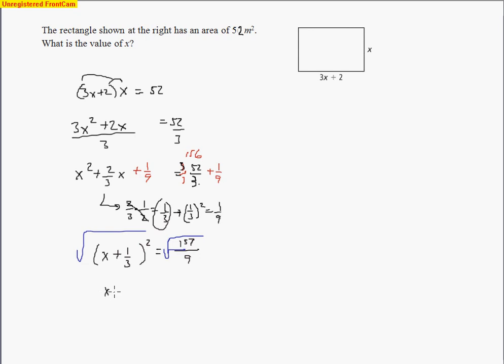So I've got x plus 1/3 equals plus or minus the square root of 157 thirds. So that's going to be a perfect square. The next thing you should see is that when you do the subtraction here, we should already have the same denominator, and we do. So our exact answer is -1 plus or minus the square root of 157 over 3. And so I got the -1 because I'm taking away 1, and I just wrote it as one denominator.